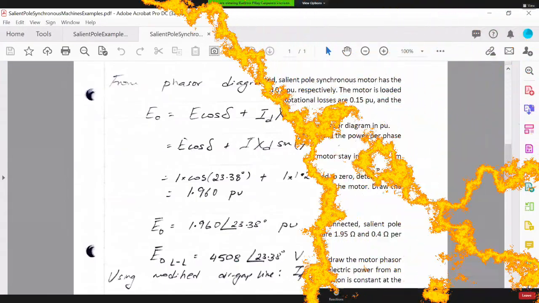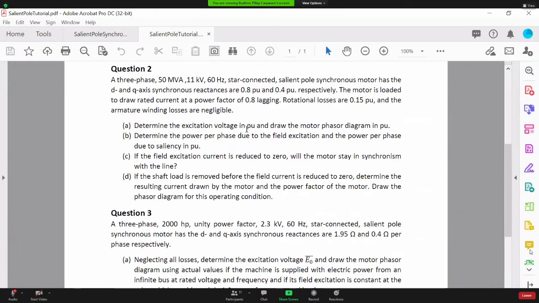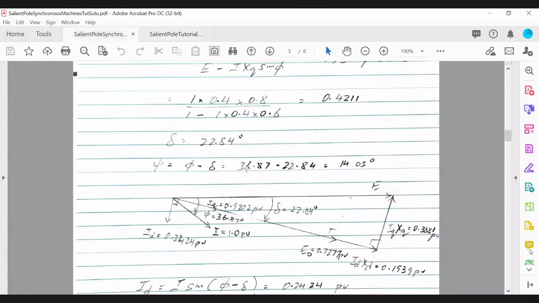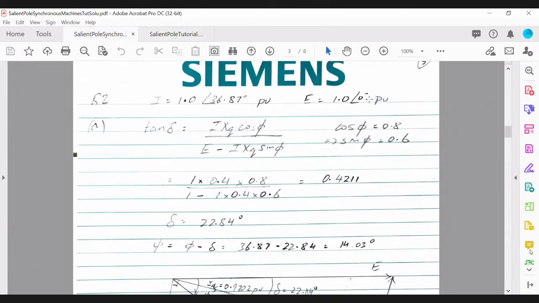I will basically work in per unit, and we'll look at question 2. As I said, it's operating at rated voltage, and it's also operating at rated load, which means your current is 1 per unit. And your rated terminal voltage is 1 per unit, and the angle of the terminal voltage is 0 degrees.